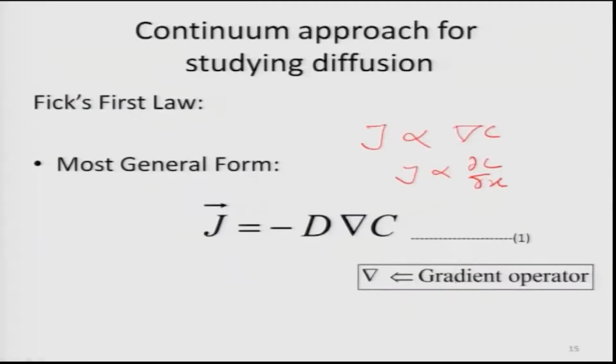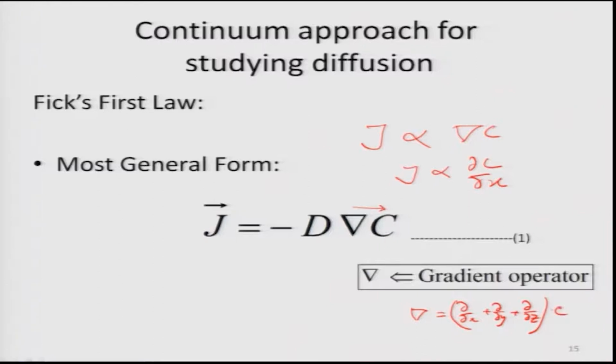This is what is known as Fick's first law, and J has a direction, so del C also has a direction. Diffusivity D is basically a tensor quantity, and del is a gradient operator. In 3D, del is del x, del y plus del z, and you operate on the concentration.